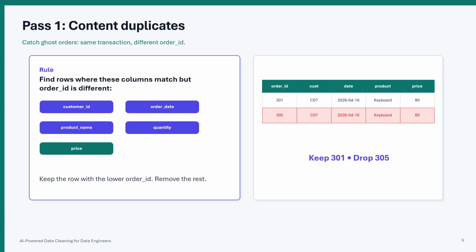Now, let's understand how to define deduplication logic clearly. For content duplicates, we will compare these columns: customer ID, order date, product name, quantity, and price. If these columns are identical but the order ID is different, we will keep the row with the lower order ID and remove the rest.